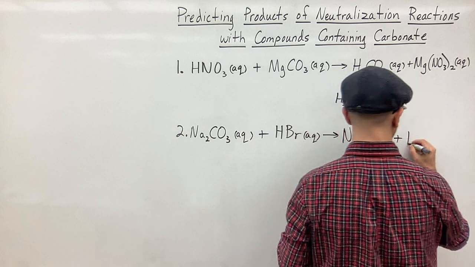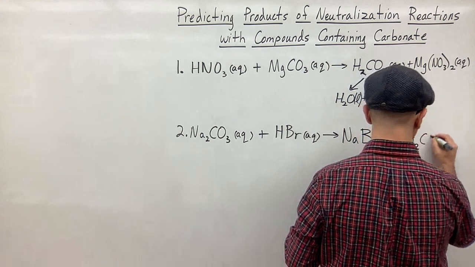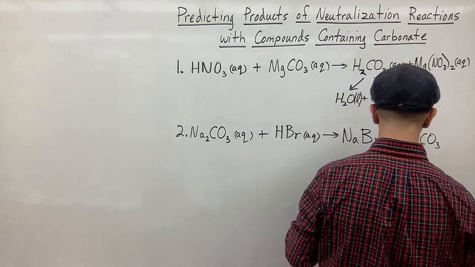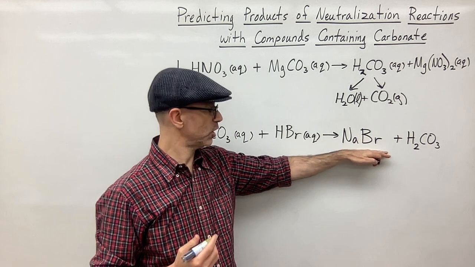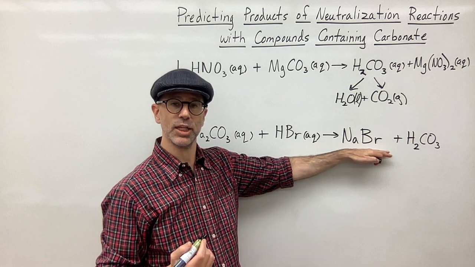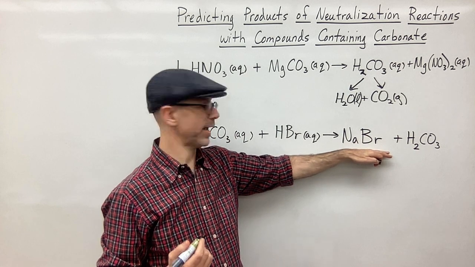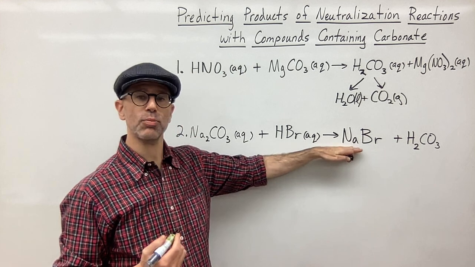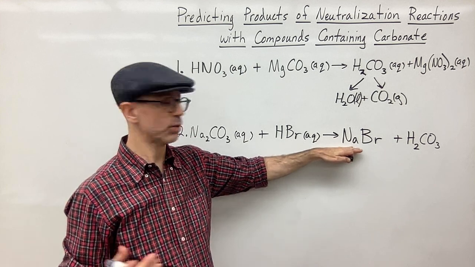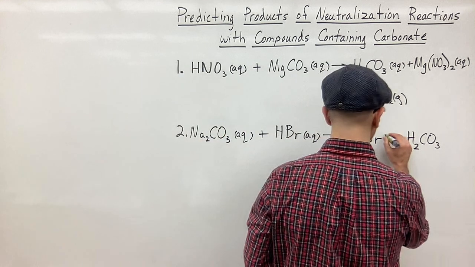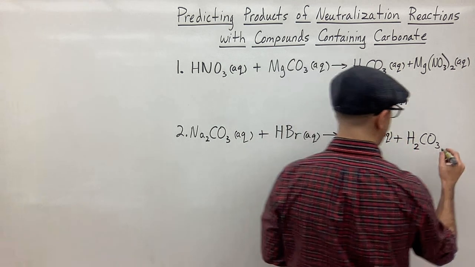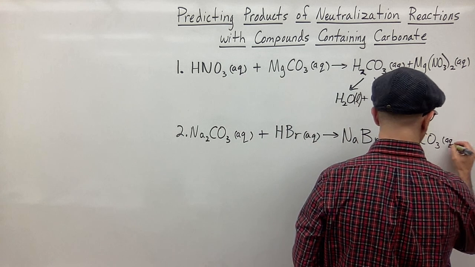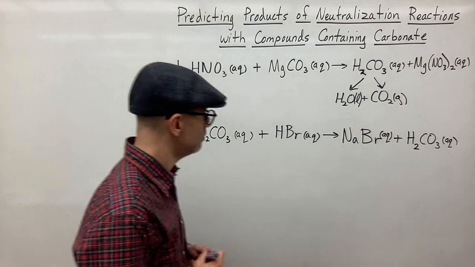So that's going to be H2CO3. Bromides are going to be soluble unless, of course, you have silver or lead(II) ions. The sodium is a group 1 metal, and those are always soluble, so this is definitely going to be soluble. So it's aqueous. And of course, this is an acid, so that's going to be aqueous as well.